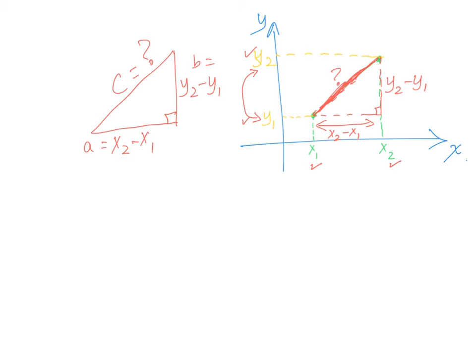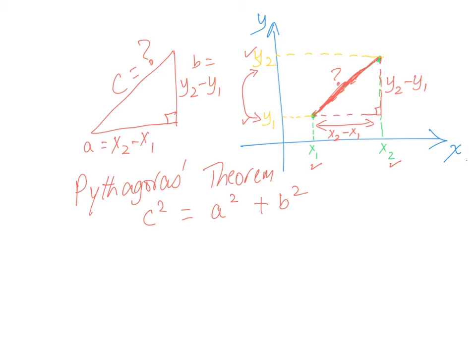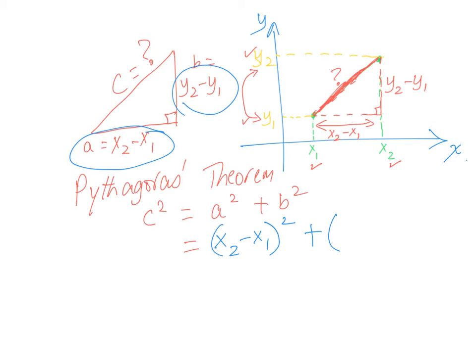So now you can have numerical values or an expression. Use the Pythagoras theorem. So c squared is equal to a squared plus b squared. Now let's plug in everything. What is a? A is right here. Let's put that in the spot. So x2 minus x1. And we want to square it, right? Then we have a plus. What is b? B is right here.